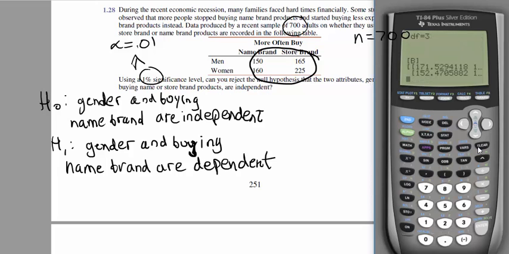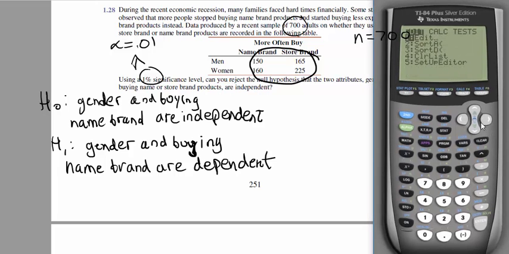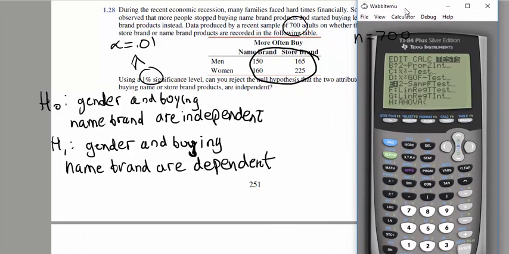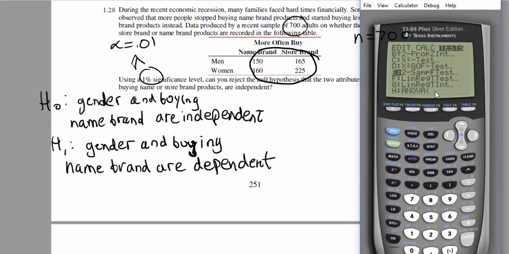So now we're going to go to stat, and then test, and then chi-squared test. If I can get this thing to cooperate here.